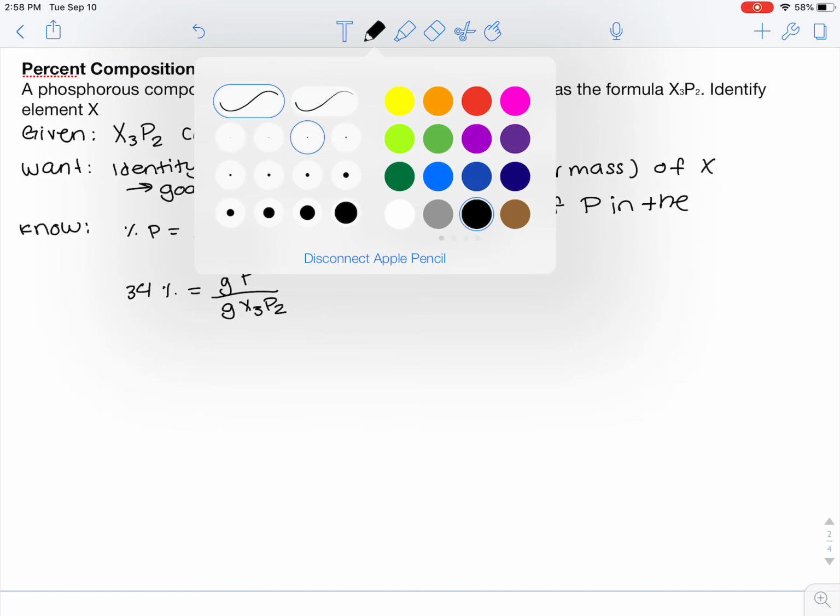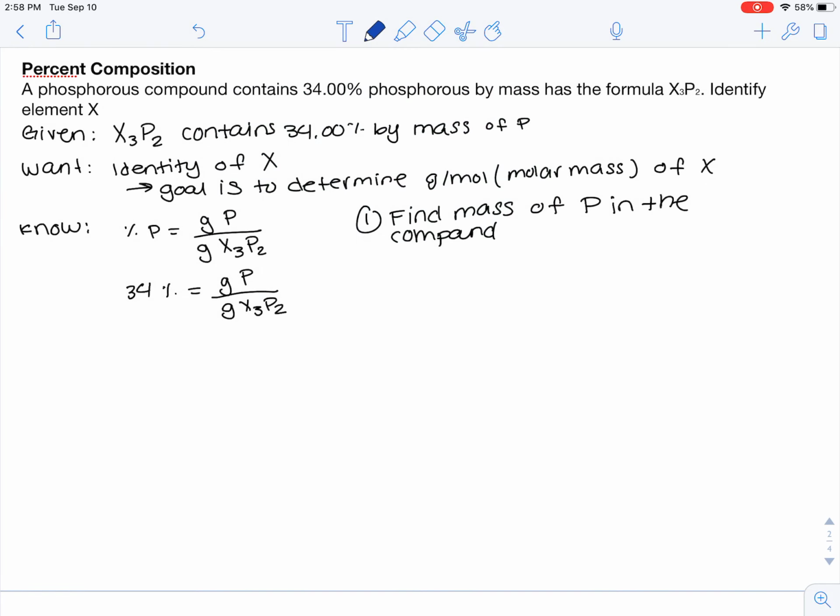The way that can be done is we know that the molar mass of phosphorus is 30.97 grams per mole.